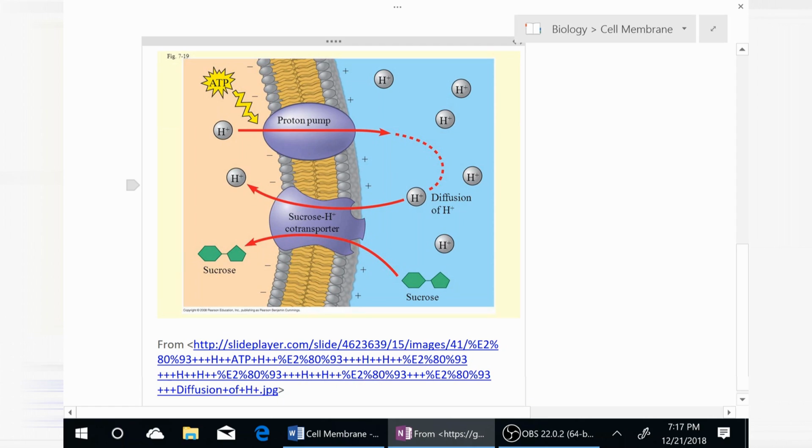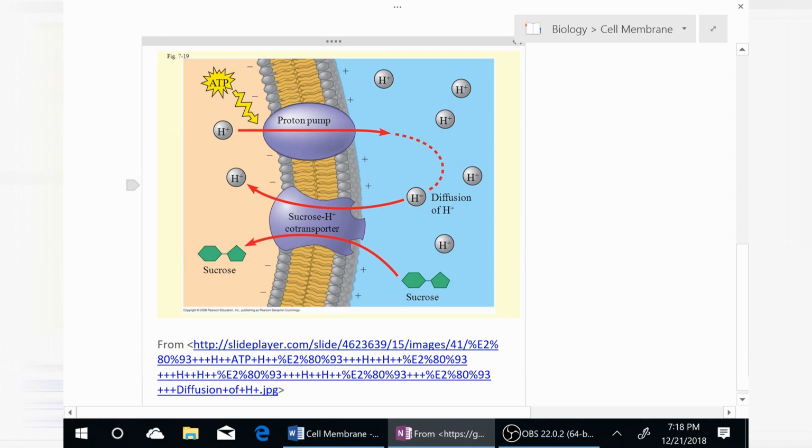The plus signs here indicate where there's more of a certain molecule, and the negative signs indicate where there's less of a certain molecule. So obviously the H plus will not move across the cell membrane uphill without the use of ATP. However, since that is being used, the hydrogen ions gradually will be pumped out, and then they will diffuse back in because there's way more of these hydrogen ions on the outside than on the inside.